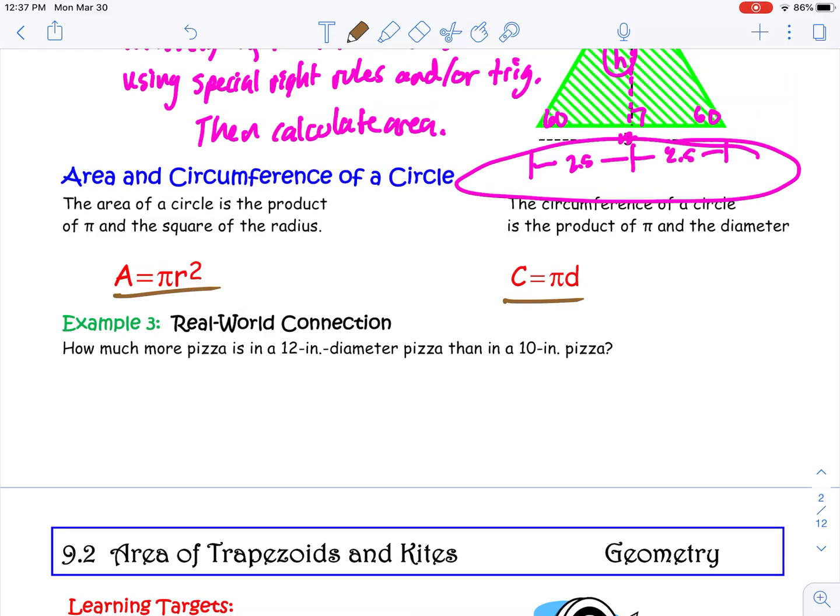Now, to talk about a relevant problem for those of you trapped inside during COVID-19, here's the thing. I see a lot of deals going around to order pizza these days. And in fact, a friend of mine just recently ordered two 8-inch pizzas instead of one 12-inch pizza for the same price. Here's what's interesting about that.